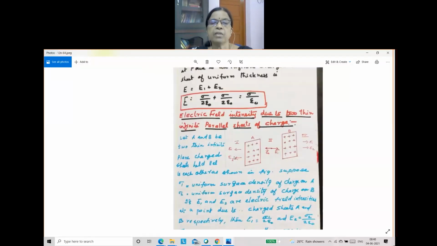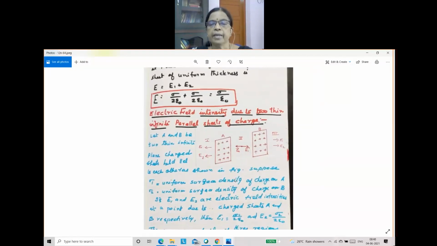And another special case, you see, electric field intensity due to two thin infinite parallel sheets of charge. So when you keep two sheets here, it divides the space into three regions.